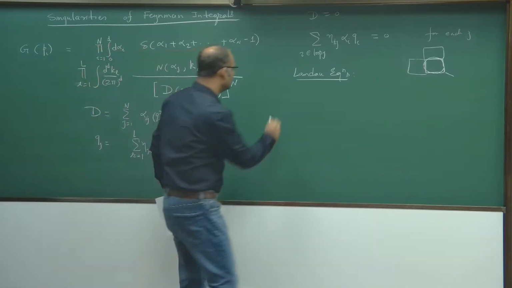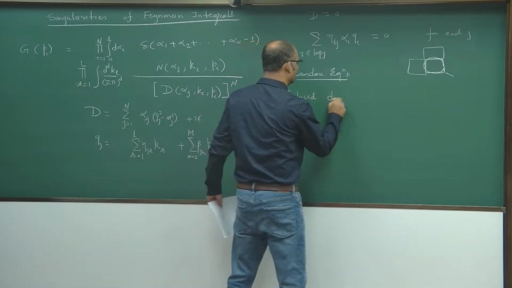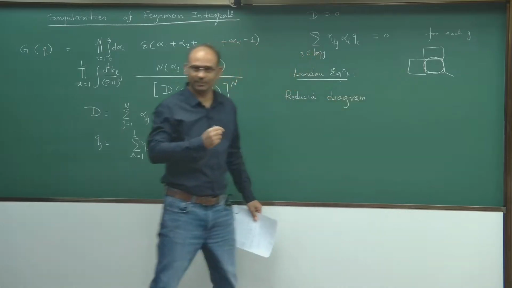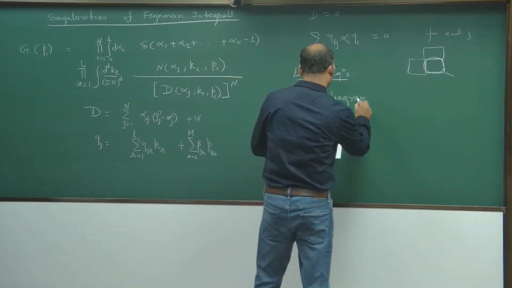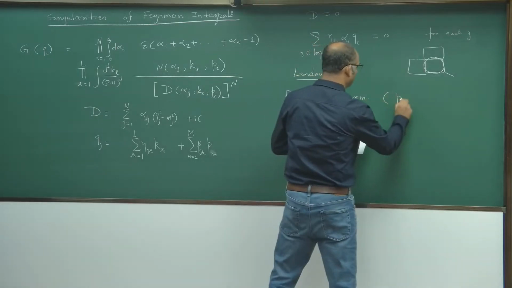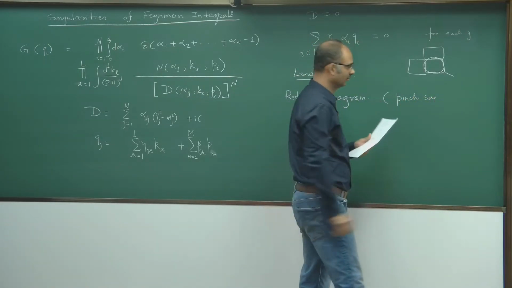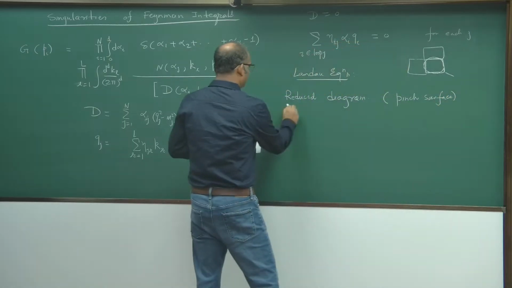Okay, such a diagram that you get from there is called a reduced diagram. Okay, and you understand the reason why I'm making a reduced diagram. So, and this will give you a pinch surface. So it's a reduced diagram.